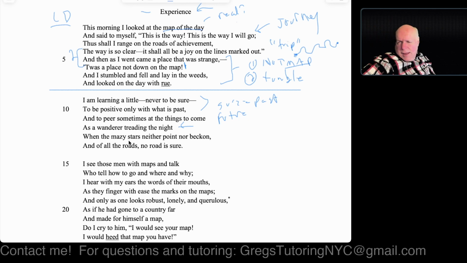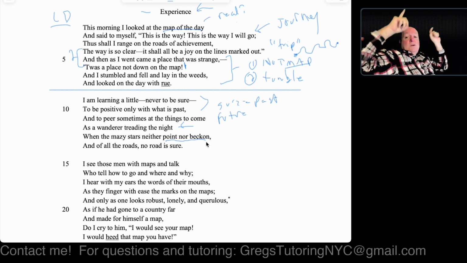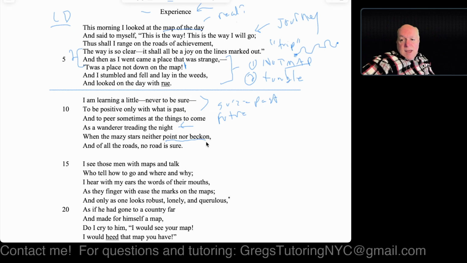All right. When the mazy stars neither point nor beckon. So that is interesting phraseology there, because many of you may have heard that in the 1600s and so on, traveling over the oceans, they realized they can follow the stars, right? So I think it's talking about stuff like that, where the stars are neither pointing them nor beckoning, which means calling them, right?